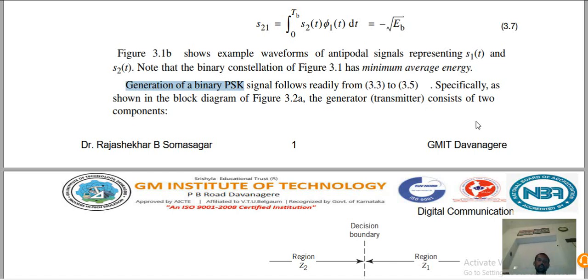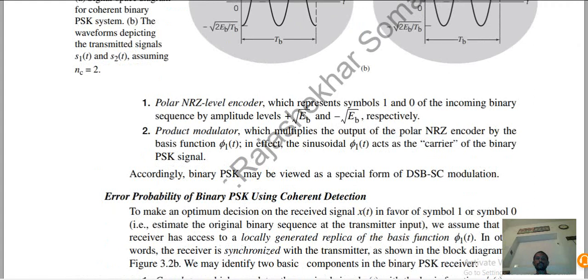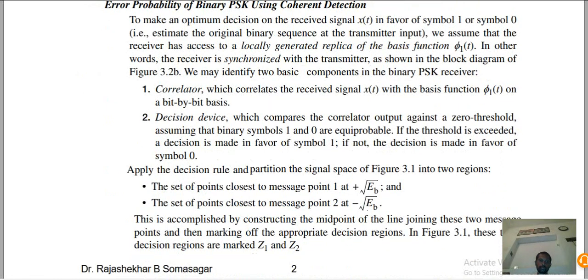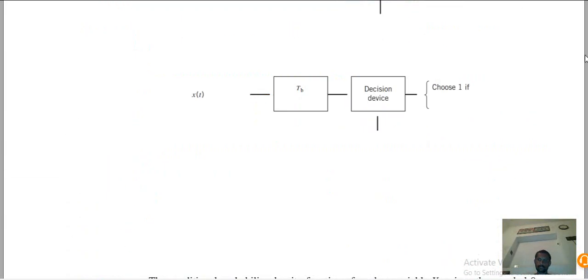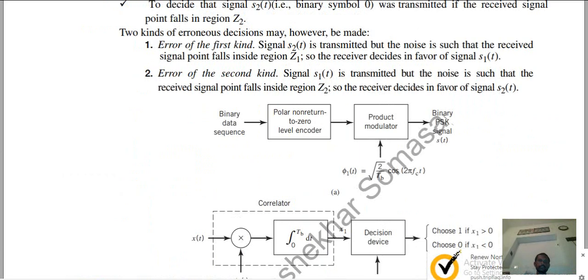It consists of two components, as I said: the binary data goes to a polar non-return to zero level encoder, and then a product modulator.